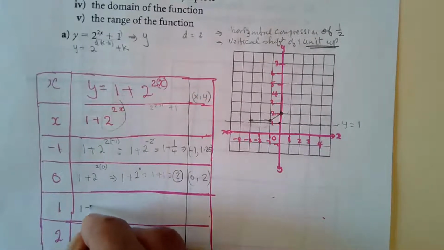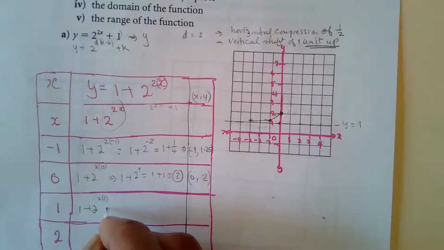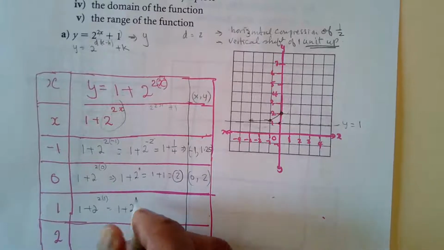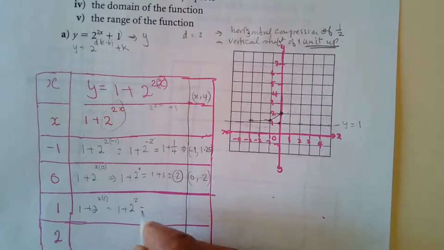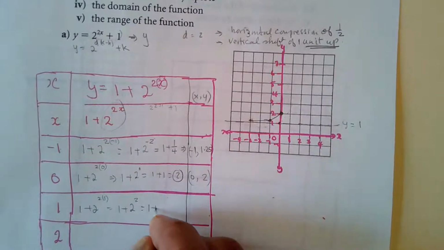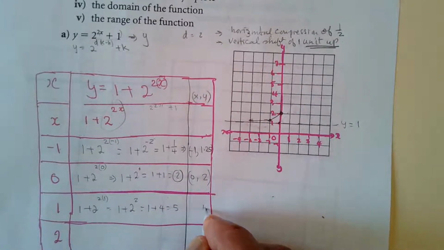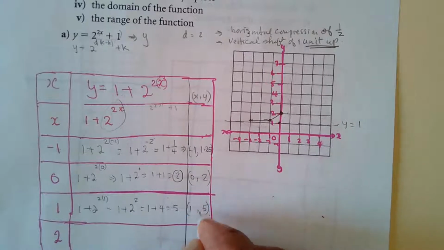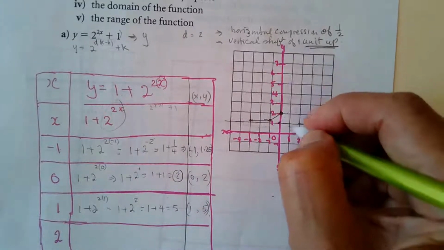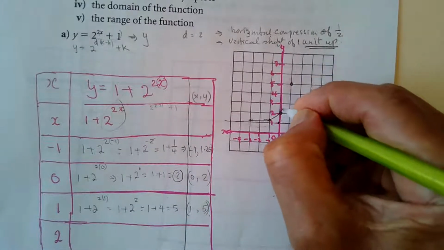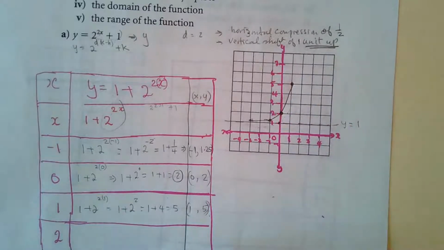Now 1 plus 2 to the power 2 times 1 gives me 1 plus 2 to the power 2, which is 1 plus 4, 5. So this is my 1, 5 here. So 1, 5 is up here, continue this point.